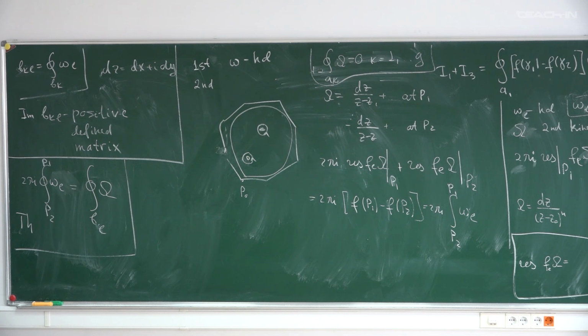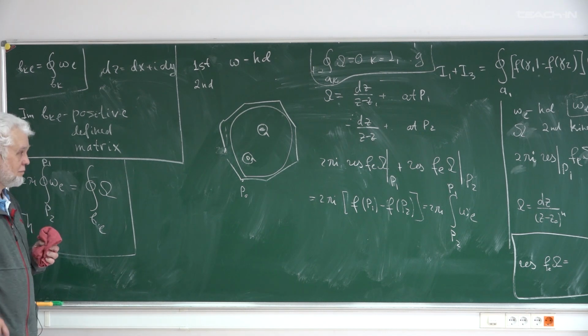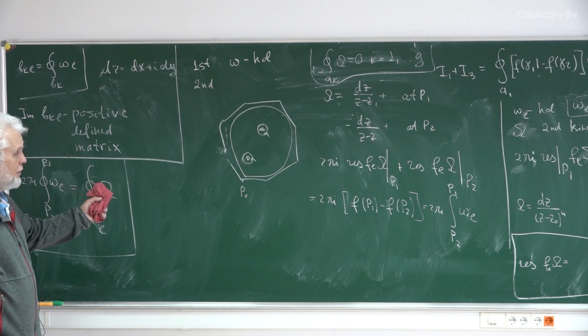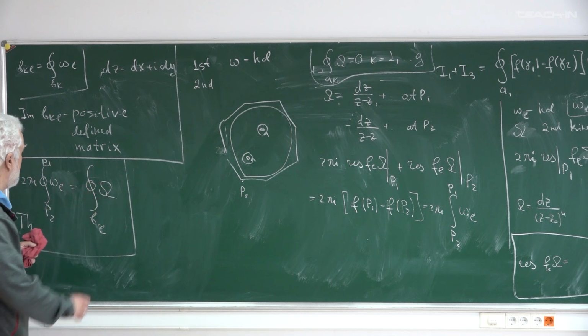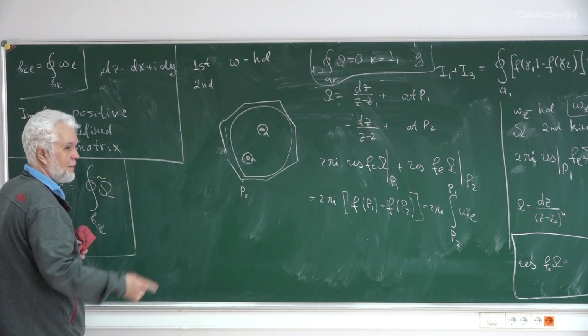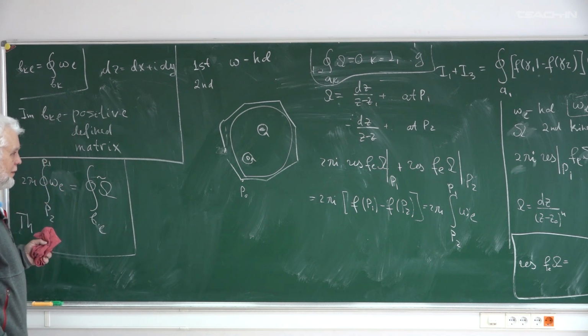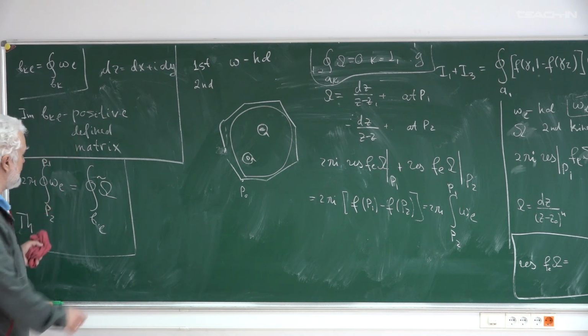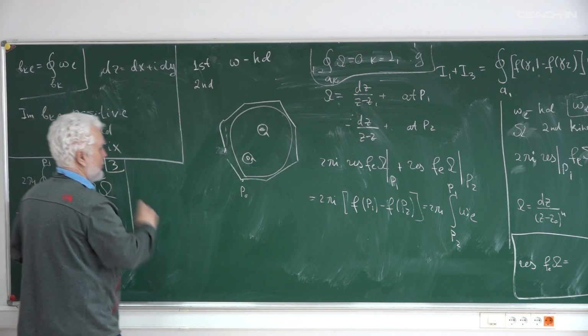This formula, this omega is not equal. Yes, there are two different ones. Okay. And this formula is for the third type. This is for the second type.